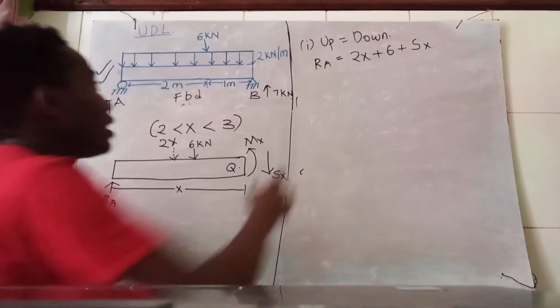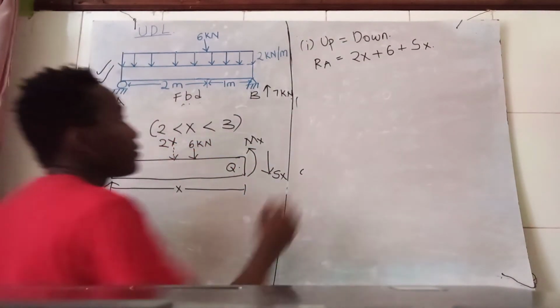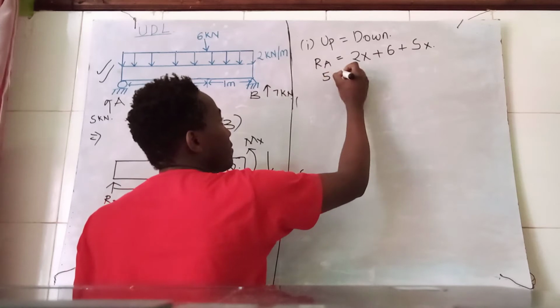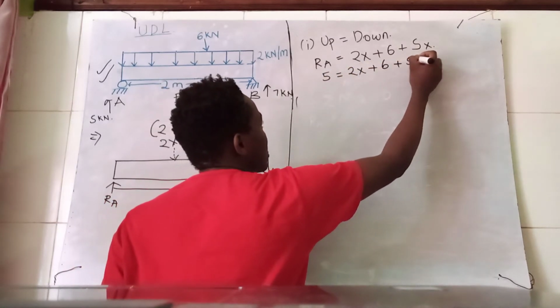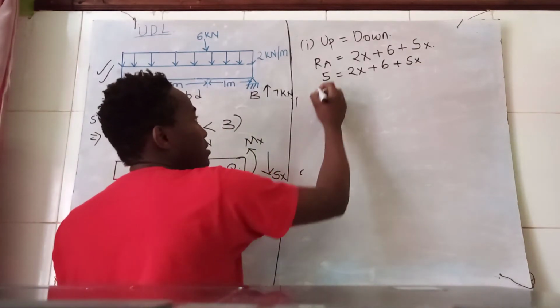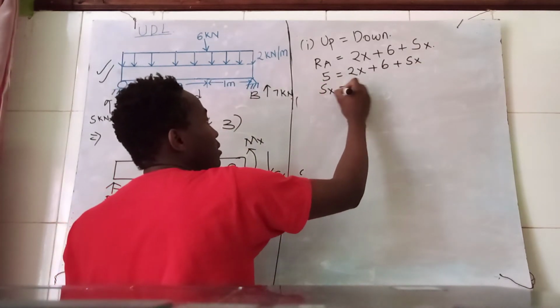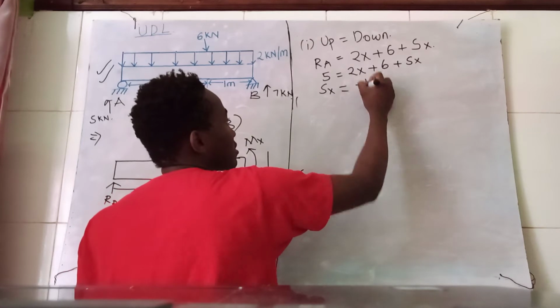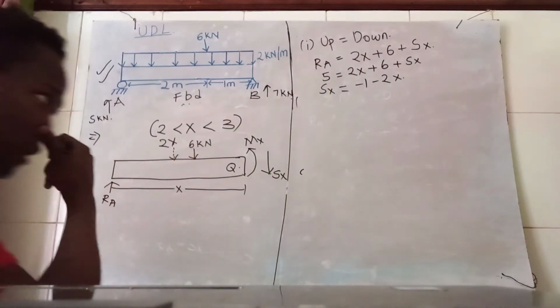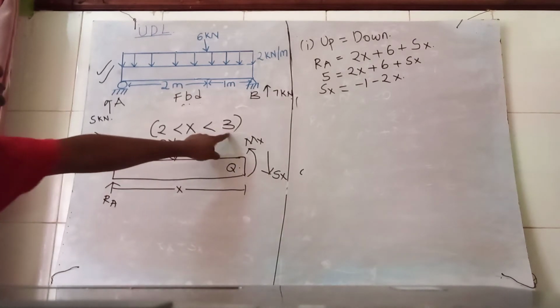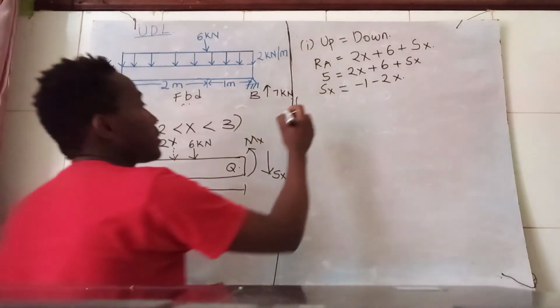Alright. RA was 5. Therefore, 5 equals 2x plus 6 plus Sx. Make Sx the subject of the formula. 5 minus 6, negative 1, negative 2x. So input our limits, 3 and 2.